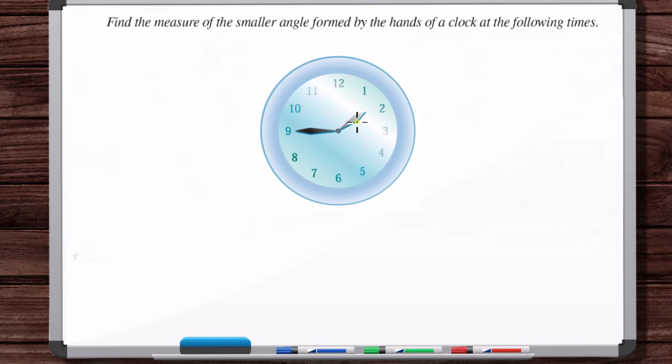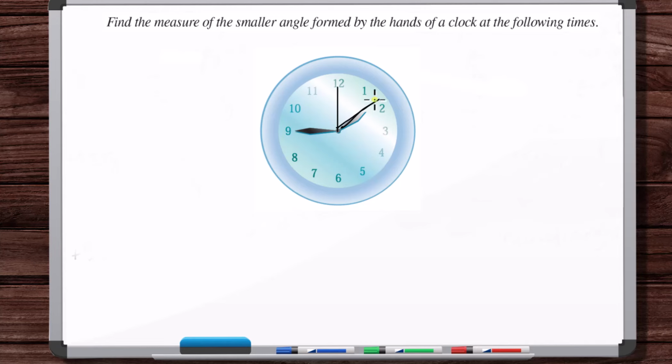And so it looks like this hand here is, I guess, halfway between 1 and 2. So that's not 1/12 of a rotation. That's 1/12 plus 1/24 of a rotation.